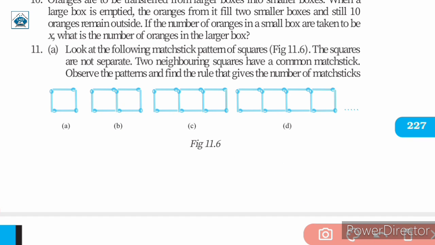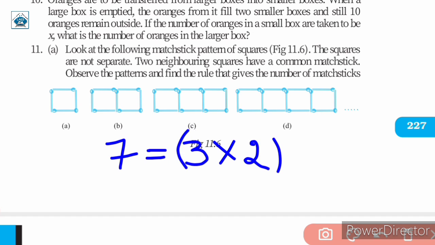So here we will rewrite 7 as 3 multiplied by 2, because 3 2s are 6, and plus 1. So here when the number of squares is 2, then we have to multiply 3 with 2. Similarly, when the number of squares is 3, then we will multiply this with 3, plus 1 is same.